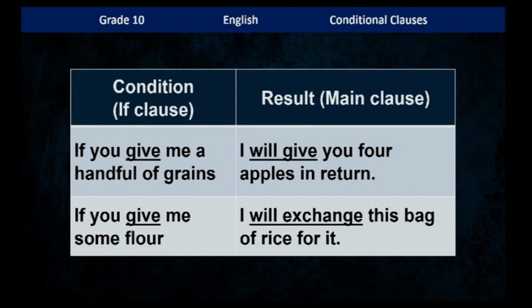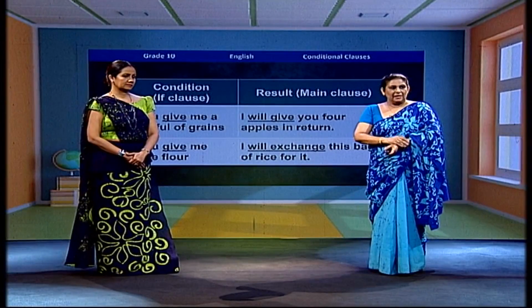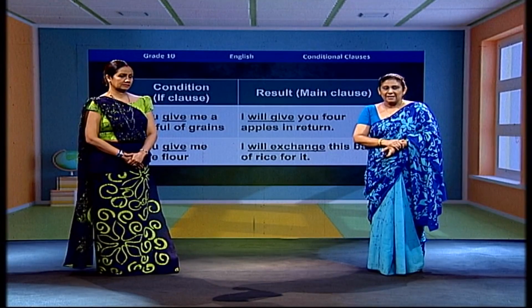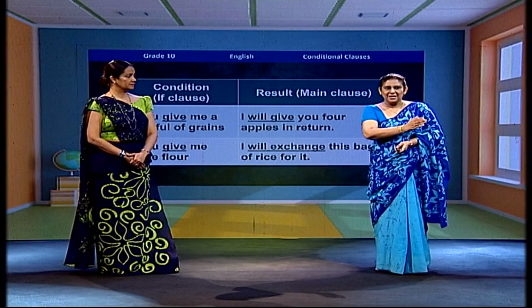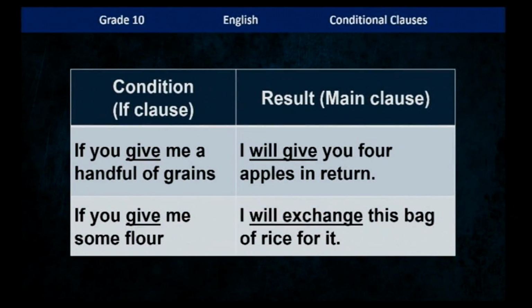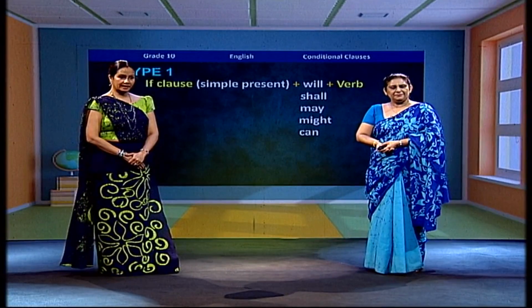And the same thing we can say in the other dialogue also. If you give me some flour, I will exchange this bag of rice for it. There also you can see condition and the result. So this is type 1 again.